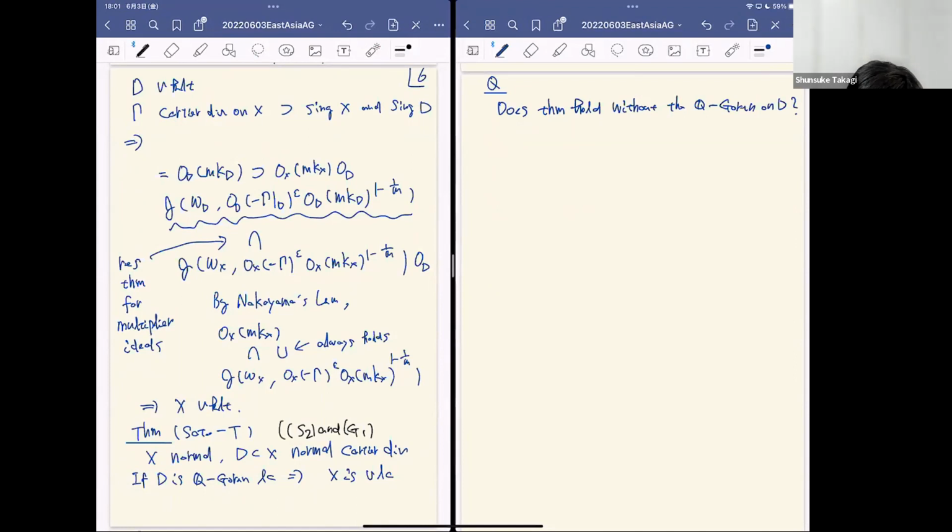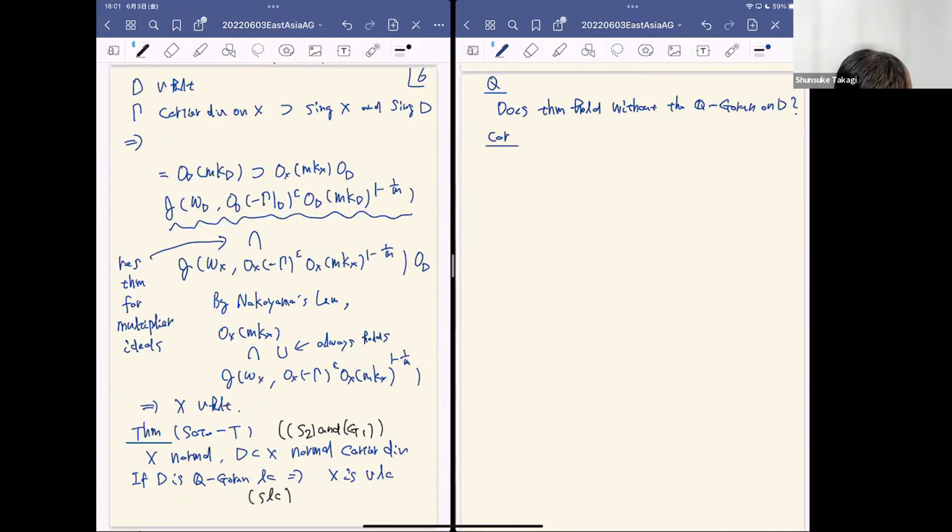So instead of assuming normality, we assume that D is S2 and G1. Then if D is Q-Gorenstein semi-log canonical, then X is variative log canonical. I assume X itself is still normal.